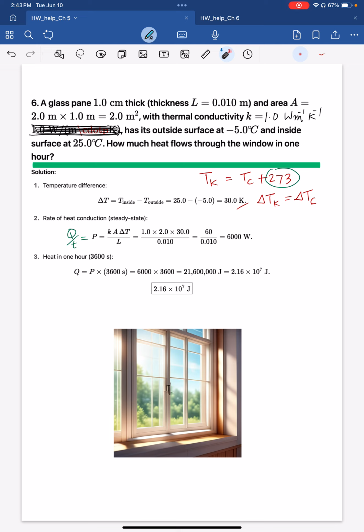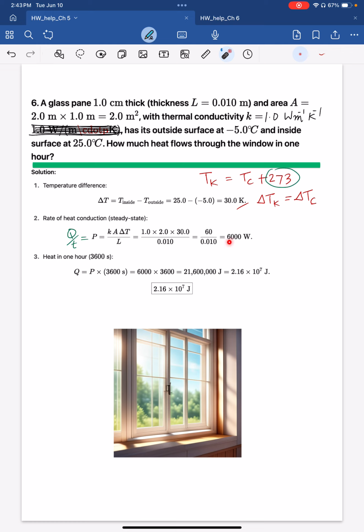But that is the heat lost in 1 second because power means energy or work in 1 second. So automatically we've taken T as 1 second. But the question wants you to find the heat flowing through in 1 hour. And 1 hour is 3,600 seconds.